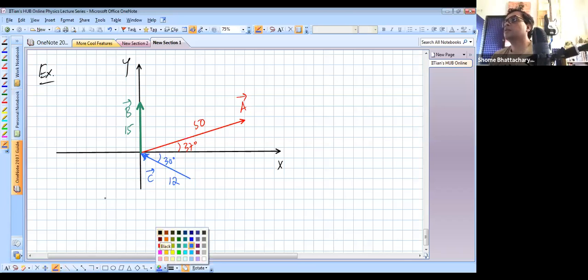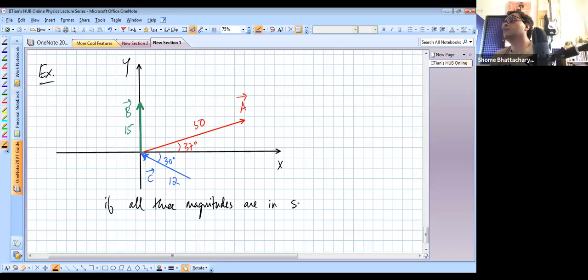So if all three magnitudes are in some common unit, U, let us say, then we have to find over here the operation A dot B, how much that is, and also B dot C. Okay.